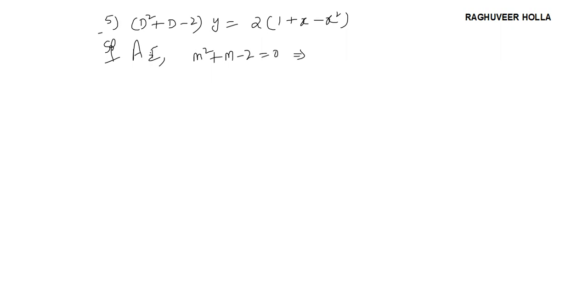So you get m as 1 and minus 2. So yc would be c1 e to the power of minus 2x and c2 e to the power of x. Okay, so we got this result. Now let us try to find what is yp here.